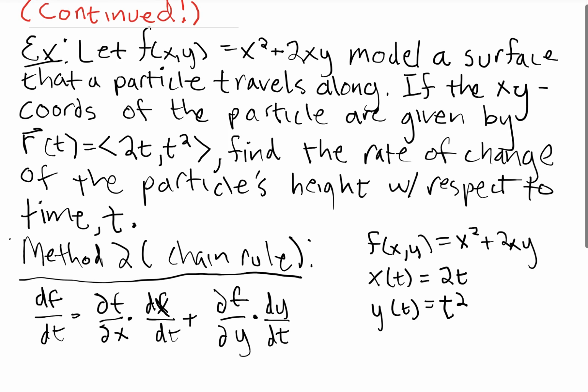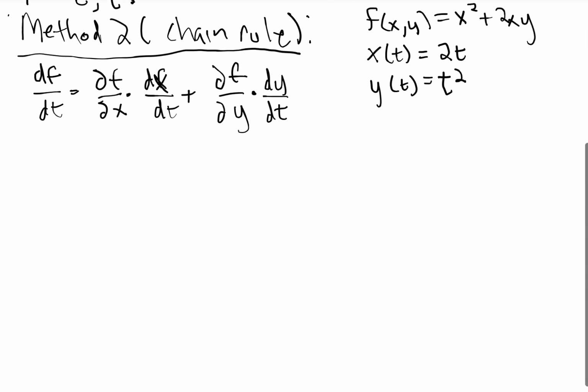Now if I want to go ahead and compute this and actually crank this out, let me scroll down so I have room. I am going to go ahead and find my cursor here and just take the required partials that I'm looking at. So my partial of f with respect to x, if I look back at this function, we're going to be getting 2x plus 2y for that part.